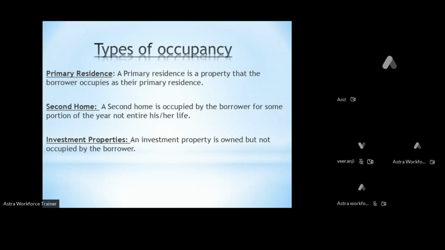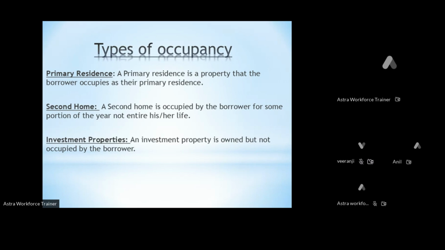So a primary residence is nothing but the home where the borrower is staying. He has only one primary home, he is staying there and owning that property.